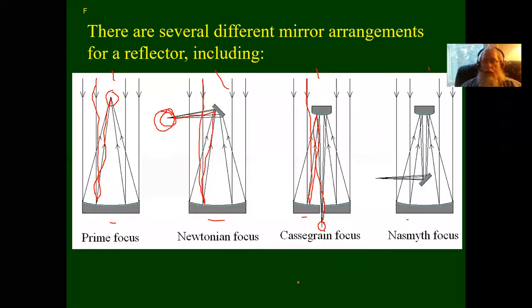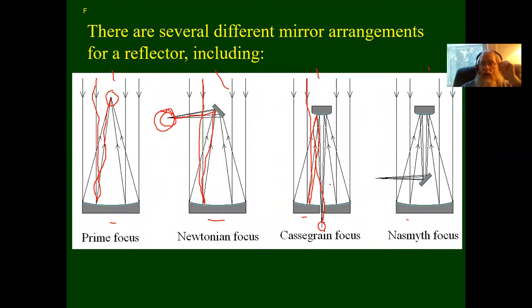All right, back to the share. Okay. This last one, Nasmyth focus, is increasingly common on the largest modern professional telescopes. So the light reflects off the primary up to a secondary and off to a third mirror, a tertiary mirror, which kind of like a Newtonian focus sends it out to the side, but lower, so it's closer to the center of mass of the telescope and positioned where you can send the light to something that would be mounted on the support structure of the telescope.